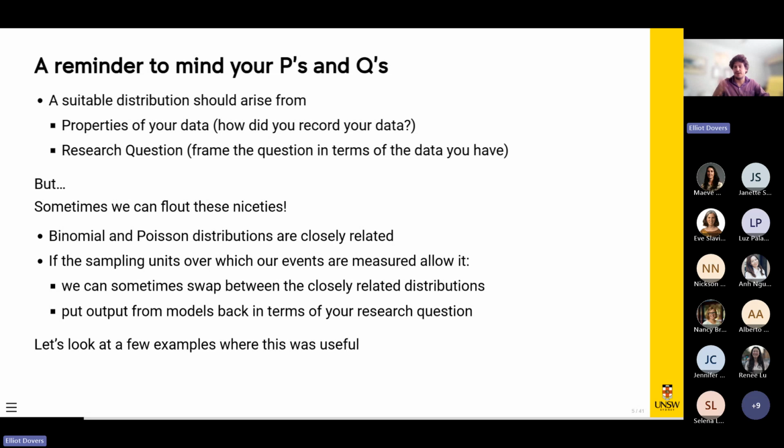So now I'd like to go through a couple of examples where I was able to use these close relationships to swap between things and get around some problems.